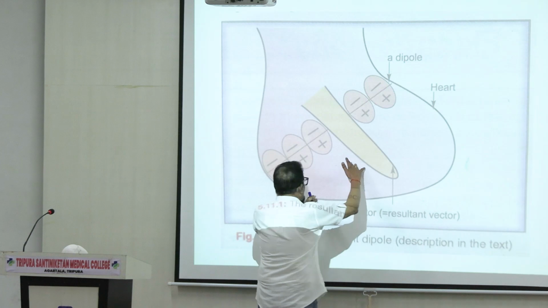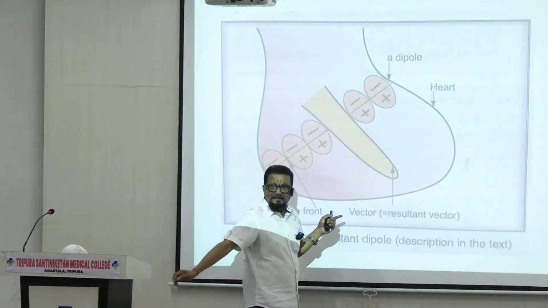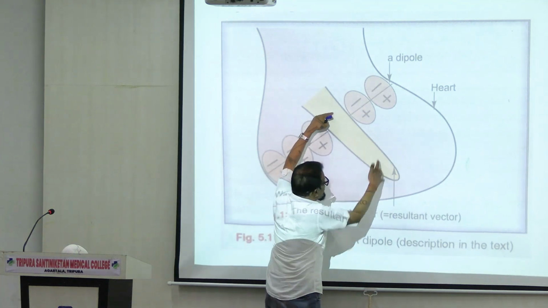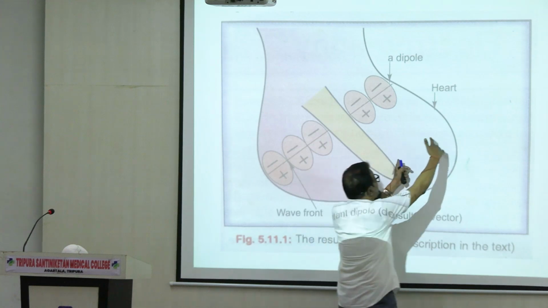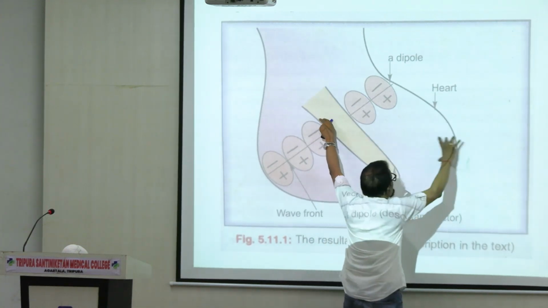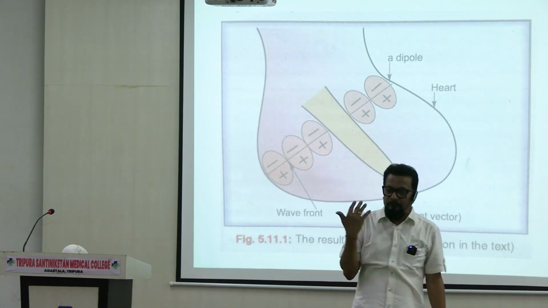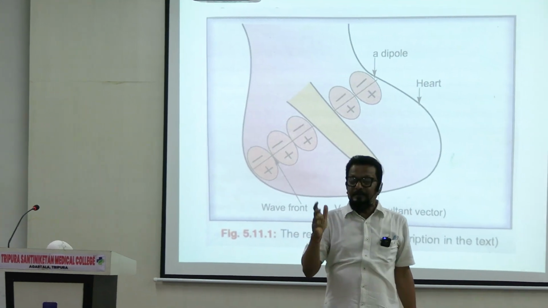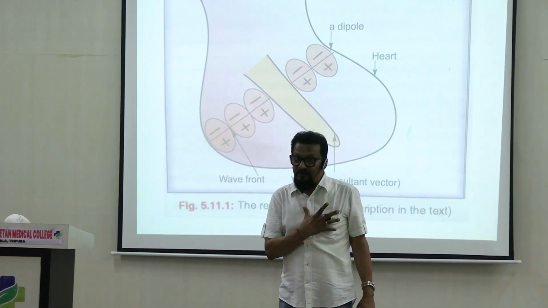If the mass of the wall of the right ventricle is increased, then this mean axis will be directed towards this side. So by studying the mean axis, we can also assess whether there is hypertrophy of the heart.